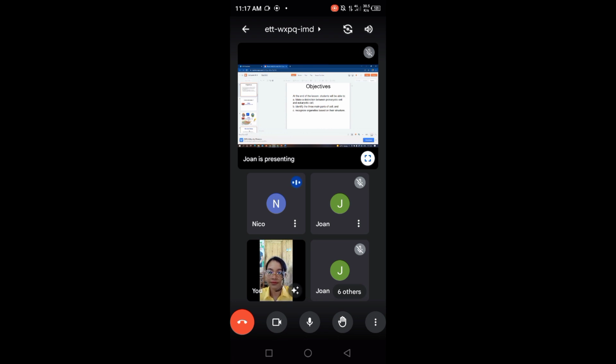Objectives: at the end of the lesson, students will be able to: A, make a distinction between a prokaryotic cell and a eukaryotic cell; B, identify the three main parts of a cell; and C, recognize organelles based on their structure. Is this attainable, class? Yes, ma'am.